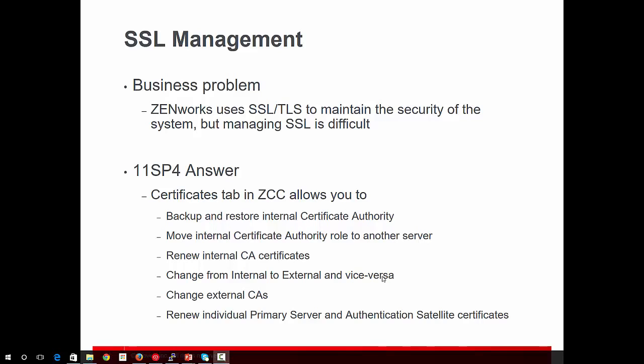I can click next, and then I can either choose to generate the certificate signing requests myself. That way, if I have them already created and I'm using a tool like OpenSSL to do that, I can just do that normally, or I can say let the ZENworks system generate a CSR for each server.